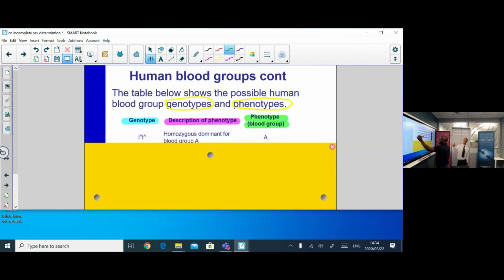We put the big I, then we write the superscript A, twice, since the genotype is supposed to have two alleles. So that's blood group A.